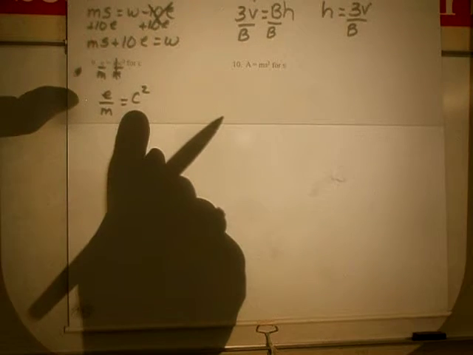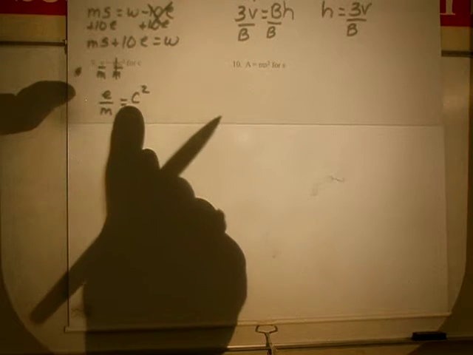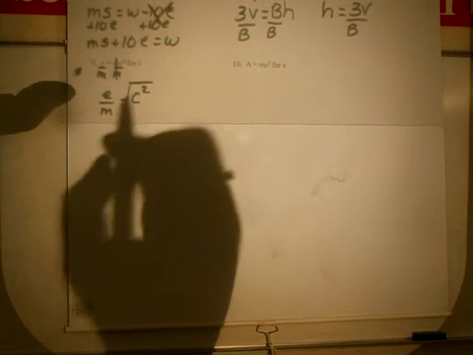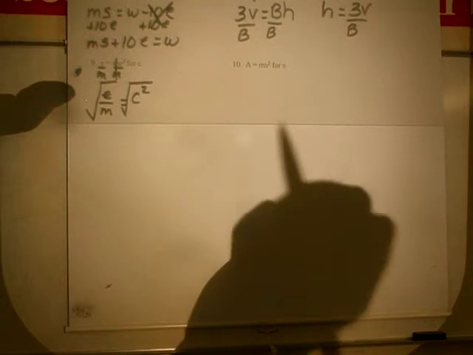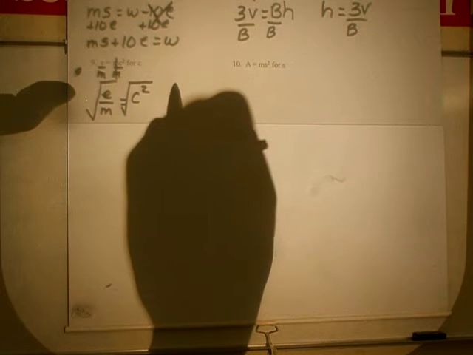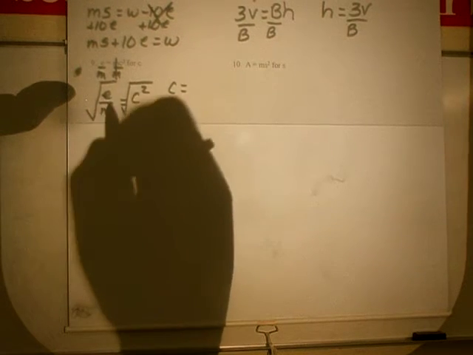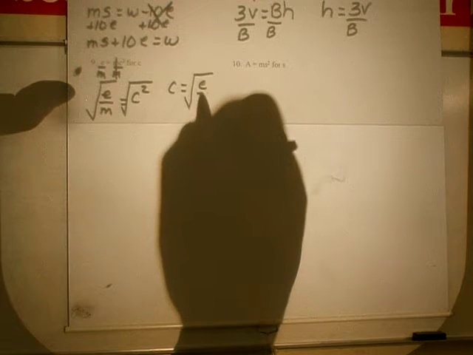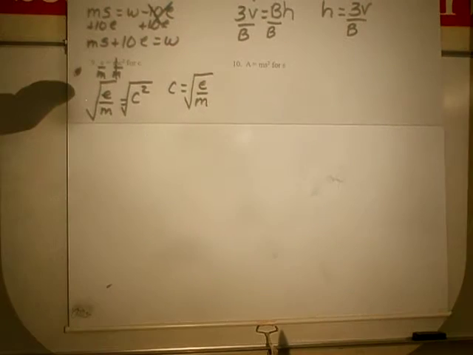We don't want to know what C squared equals. We want to know what C equals. So to undo that squared, we will take the square root of both sides. And your final answer, you can leave it like this, square root of E over M. And you can leave it just like that.